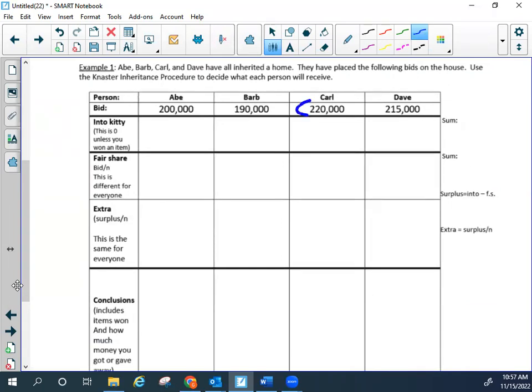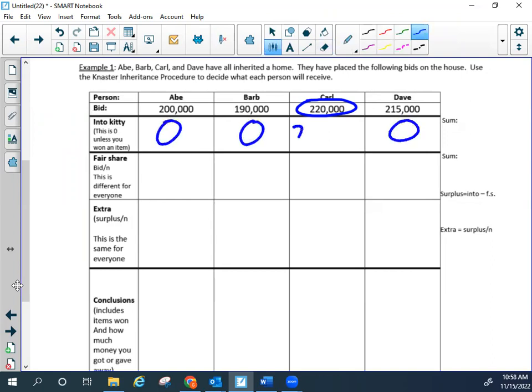Carl's bid was $220,000. And what's going to happen is, if you can imagine, Carl's going to take his $220,000 and throw it into a pot of money. It's just a giant pot in the middle of the table. This pot is called the kitty. We see that here. Anyone who did not win doesn't put anything into the kitty.